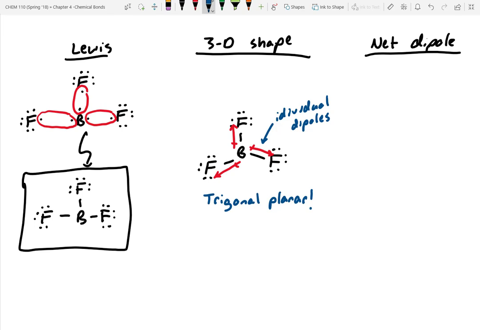But if you think about the overall molecule, do you think the overall molecule has a net imbalance of electrons? Yeah, it's kind of weird, but the fluorines are evenly spaced around it, so they're pulling equally in opposite directions, right? So in this case, they actually cancel out their individual dipoles, and there's no net dipole.